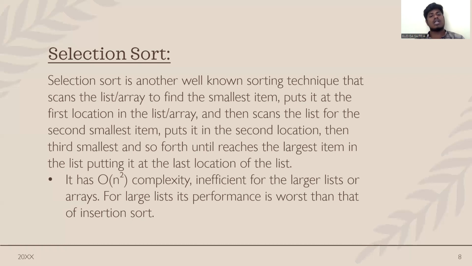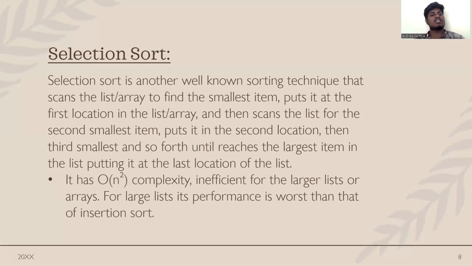The selection sort is also a well-known sorting technique. First of all, it scans the list and finds the smallest item. When it finds the smallest item, it puts it at the first location in the list.